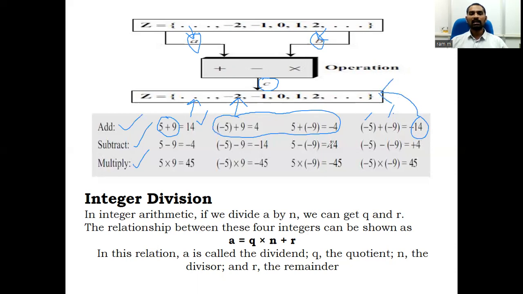Right? Similarly for subtraction, if you observe the result, it also belongs to the set of integers. Similarly with multiplication, even if you get a large value, it will be less than plus infinity only. So it belongs to the set of integers only.